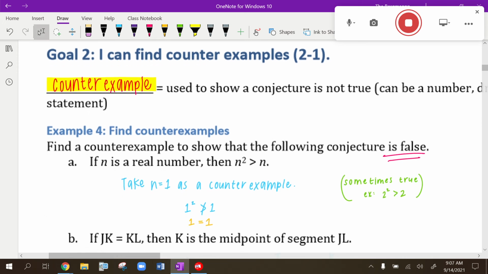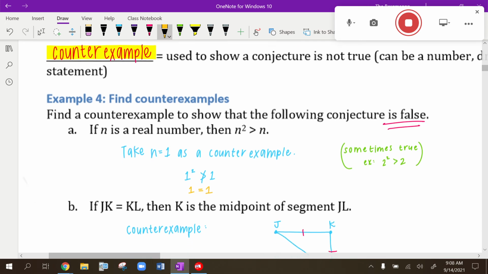It says if JK equals KL, then K is the midpoint of segment JL. Now just so you know, you can only have 1 point K. You can't have 2 point Ks. Now this one's going to be easier to do with a figure or a drawing. So I know sometimes this is true. If JK equals KL, then that means K would be the midpoint of segment JL.